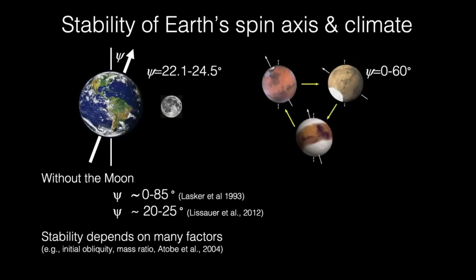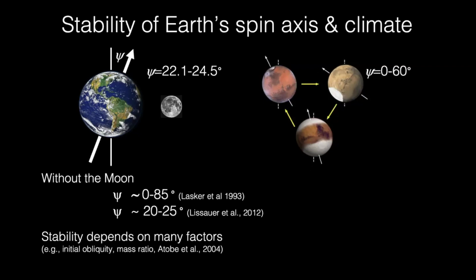The presence of the moon affects the stability of the Earth's spin axis and its climate. So the Earth's spin axis is tilted. It's called obliquity, and this obliquity is around 23 degrees today. And we know that the presence of the moon is helping stabilize the Earth's spin axis.